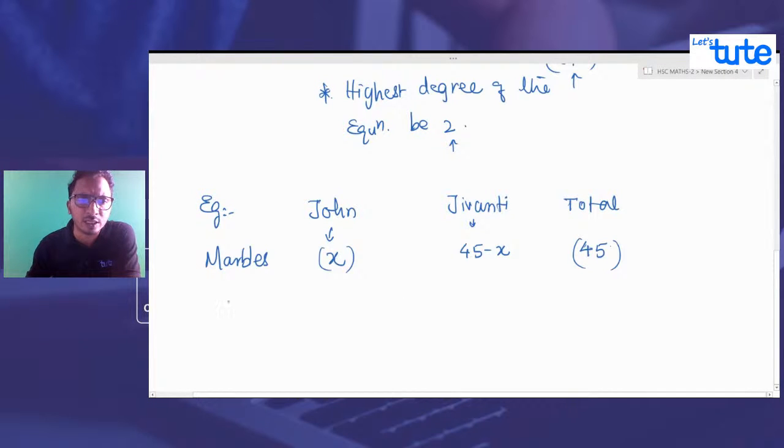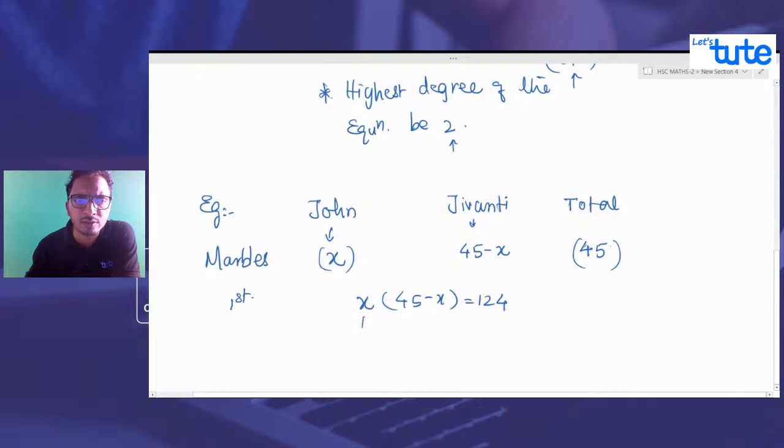The condition says the product, that means the multiplication of the number of marbles they have: x multiplied by 45 minus x, gives 124.